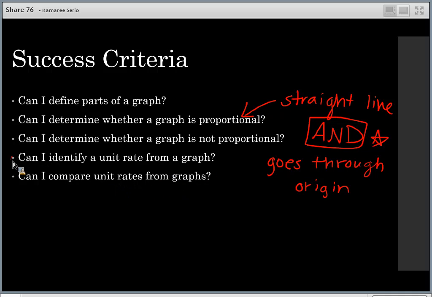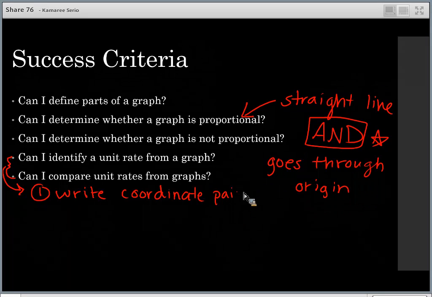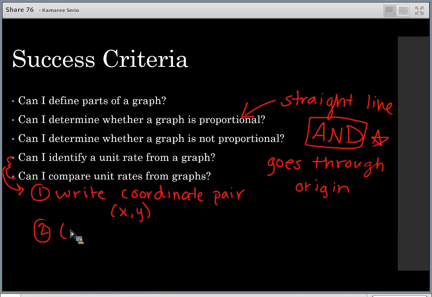So for these two, I'm going to write your steps down here for you, okay? So the first thing you want to do is write your coordinate pair. Your coordinate pair, remember, is your x, comma, y. The second thing you want to do is take your x, comma, y, and write it as y over x.